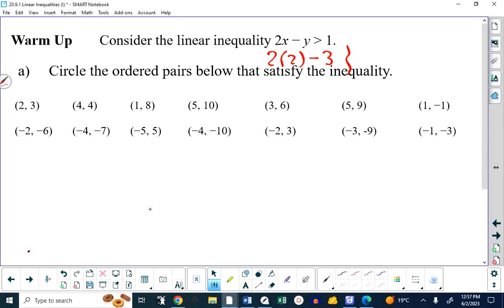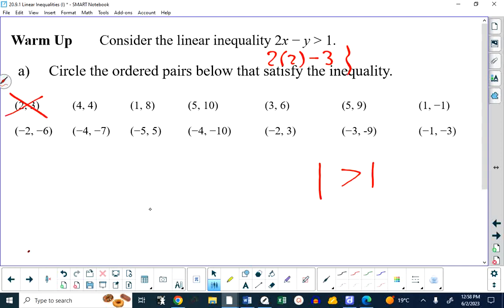If I get a number that's greater than 1, you're going to circle the ordered pair. If it's not greater than 1, you're not going to circle it, you're going to cross it out. And in this first case, I end up with 1. Is 1 greater than 1? Is that a true statement? No.